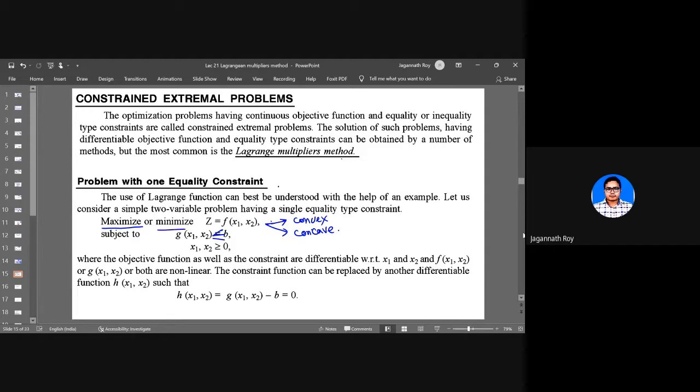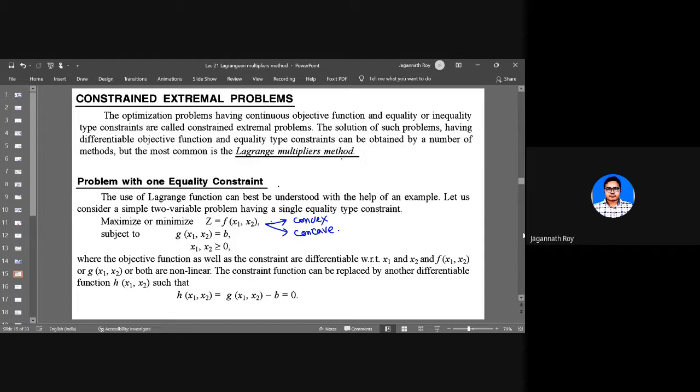If it is a minimization problem, then it is expected to have a greater than type constraint. But we'll think about only the equality first. After that, we'll define what will happen if we have inequalities. So instead of maximize or minimize, we can write optimize.